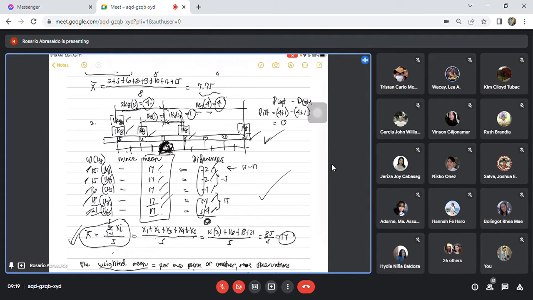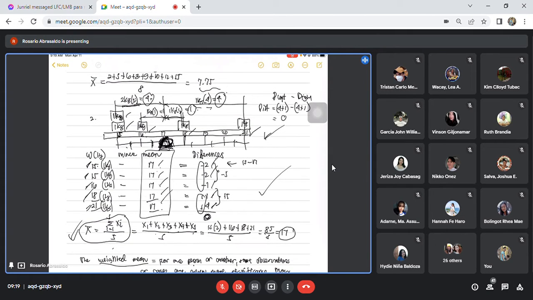Any questions? Just ask if you are confused. So, this is how to illustrate the weights or the location of the mean in our weighing scale or mean balance, how to identify the weights from both sides, from left to right, and also the distance. Then it balances. It is equal.